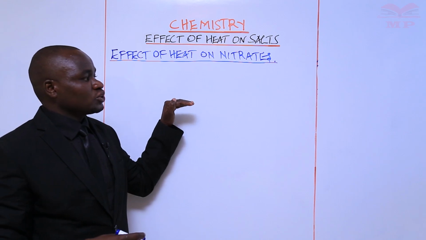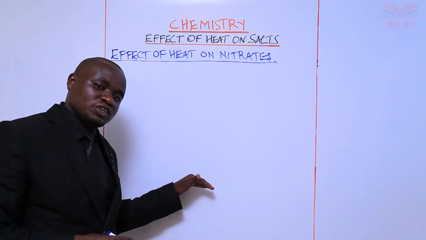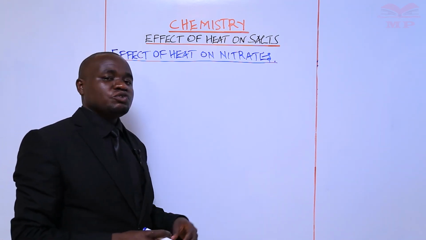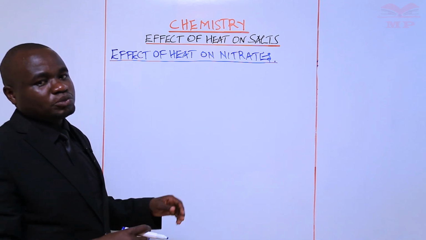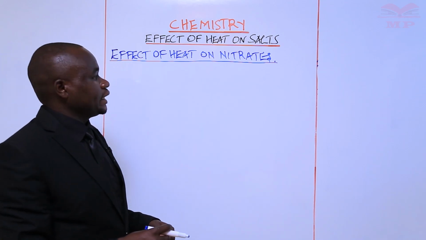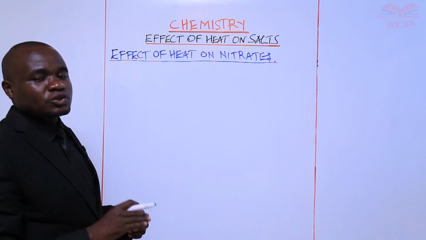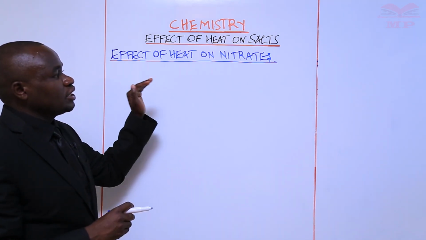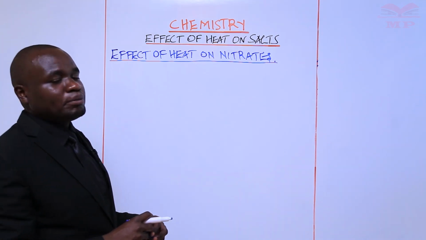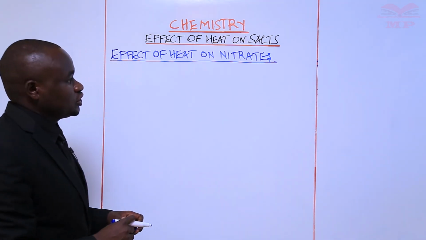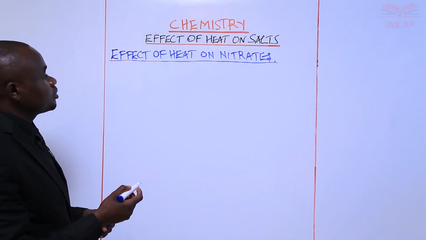Nitrates of elements in the middle of the reactivity series will also give different products. And then lastly, nitrates of the least reactive metals. So we are going to look at those three categories. Remember, the products depend on the position of the element in the reactivity series. So we start with sodium and potassium.